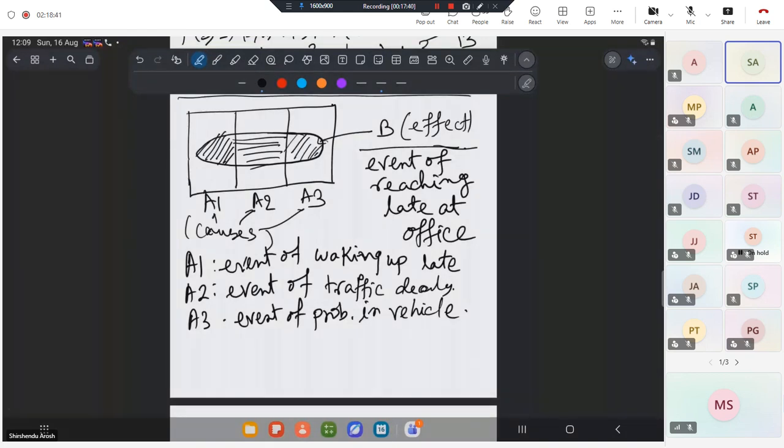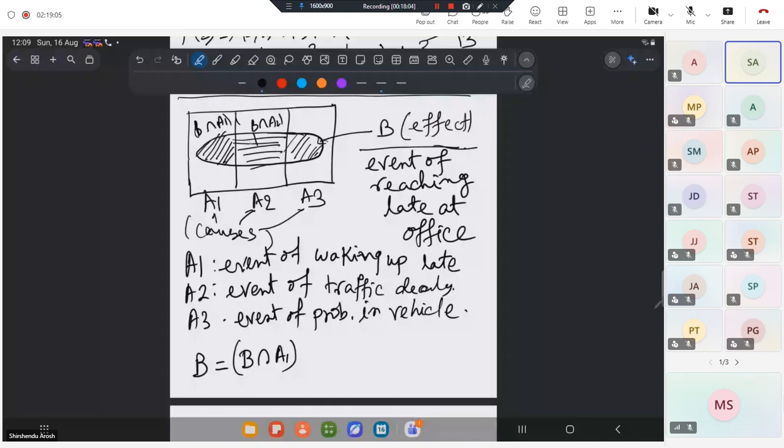So how can I write this particular case in terms of our set scenario? B can be written as B intersection A1, this is the part of B intersection A1. This is the part of B intersection A2, not the blank part.